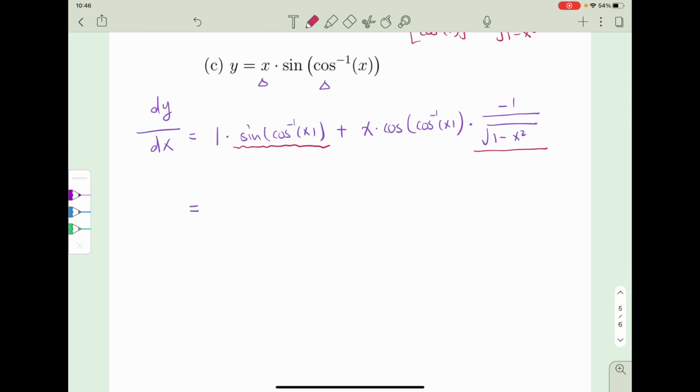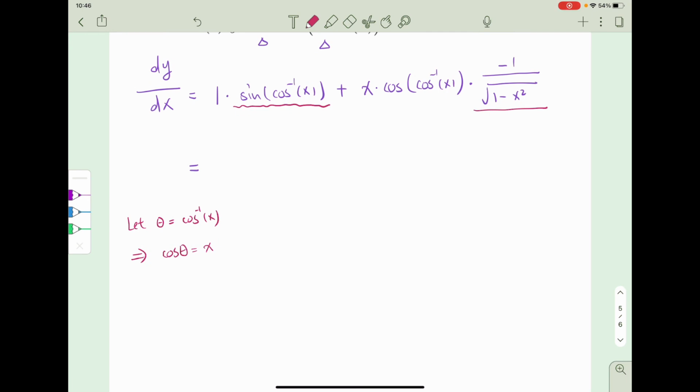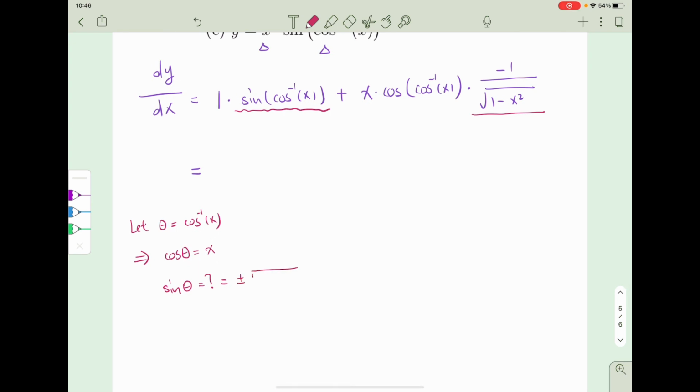If we let this thing inside be theta, then by definition cos theta is equal to x. When cos theta is equal to x, what is sine theta? This thing is essentially sine theta. So sine theta is plus or minus square root of 1 minus cos squared theta by the trig identity.